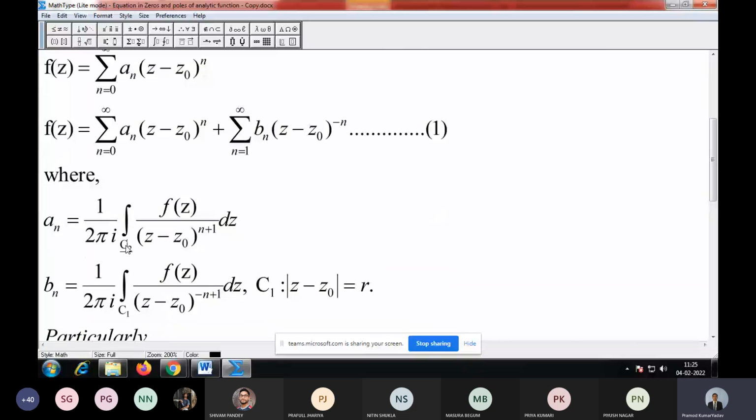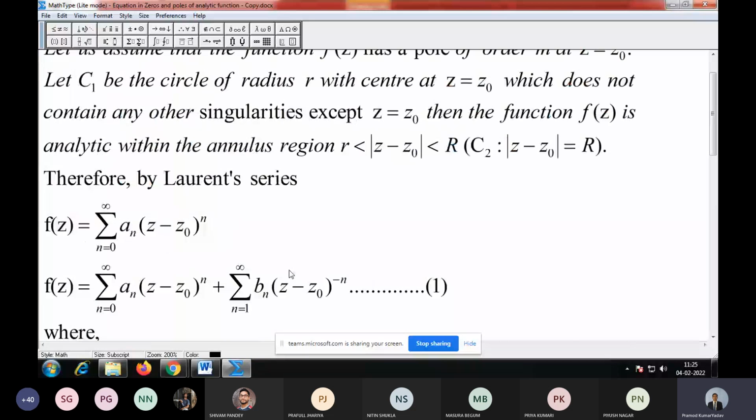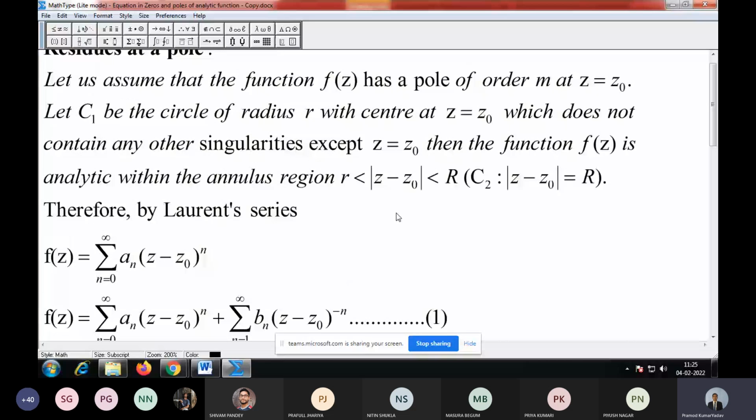It is an important point what C2 and C1 are. You may see C1 is the inside circle, a circle with center z0, which does not contain any other singularity except z equals z0.